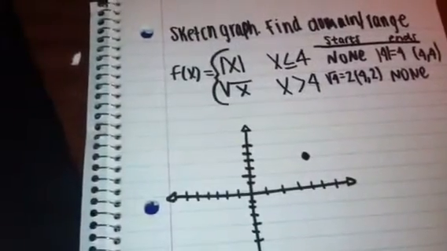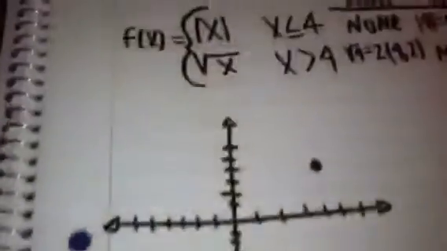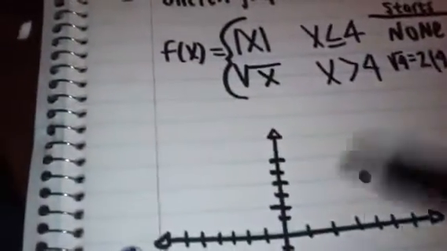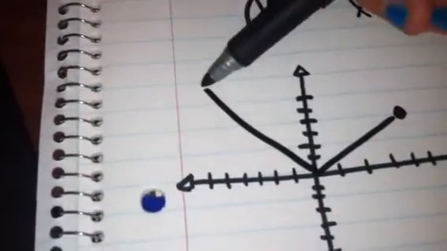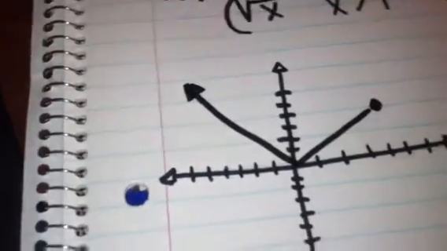And then the parent function of the square root of x looks something like this. So we're going to draw the rest of that graph without this part right here. So it's going to look like that, and then it's going to look like that. So it looks like that.